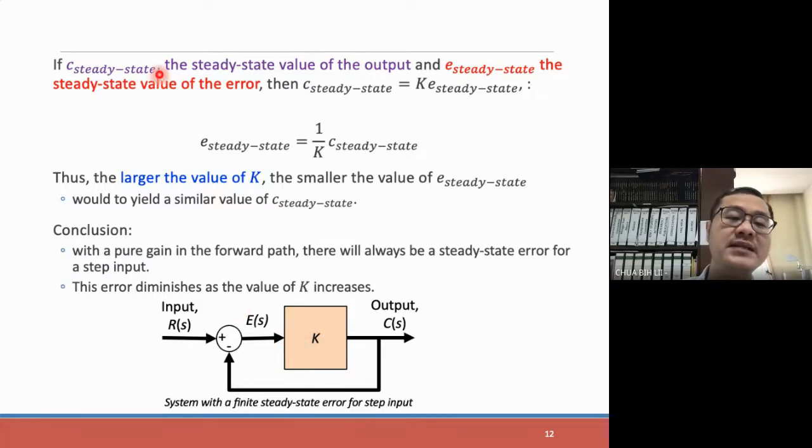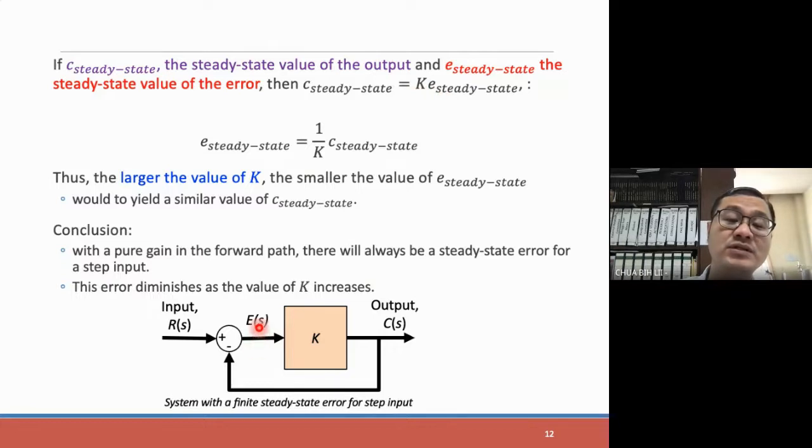If the steady state error, E steady state, and the steady state output, C steady state, are given as such, we just put E steady state and C steady state, assuming it has already reached the steady state case. Therefore, C steady state should equal K times E, right?